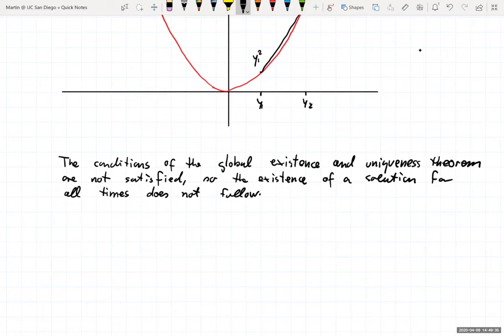And indeed, the solution of the differential equation can develop a singularity in finite time.